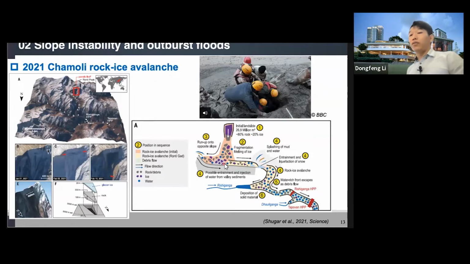There is a lot of unconsolidated material in this glacial valley, and the melt of the ice triggered a debris flow and swept away two hydropower projects. This caused the deaths of over 200 people, most of them workers in this hydropower project. It was really a huge disaster, not too far away from us.